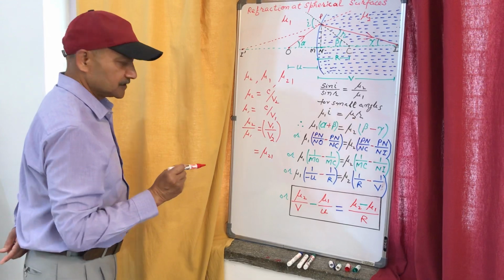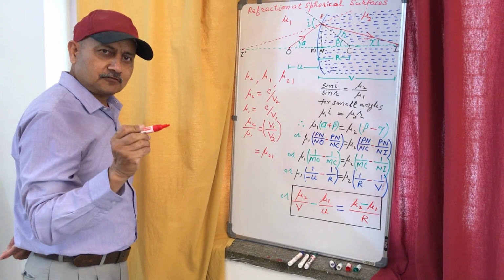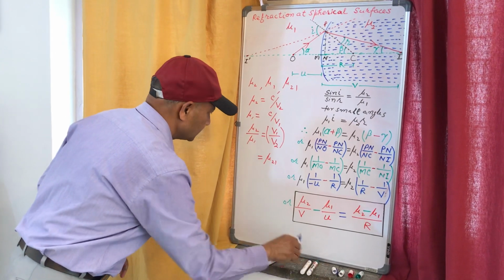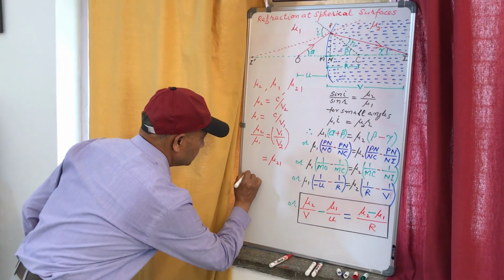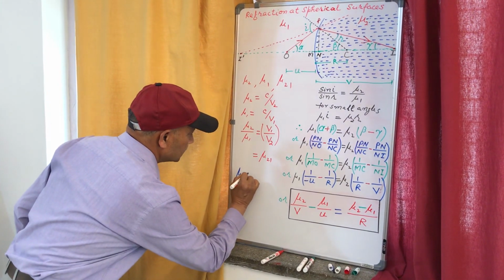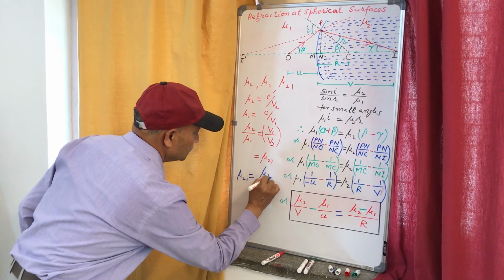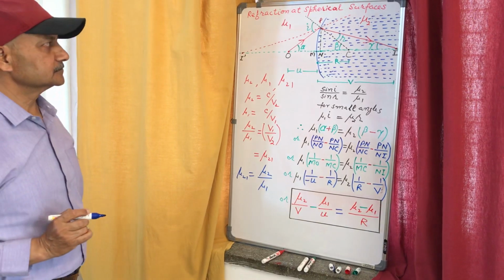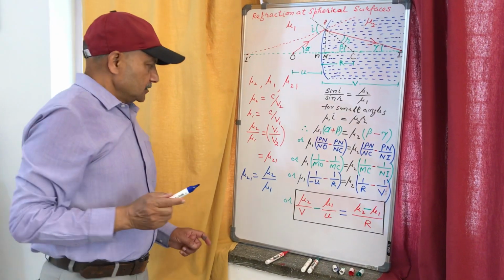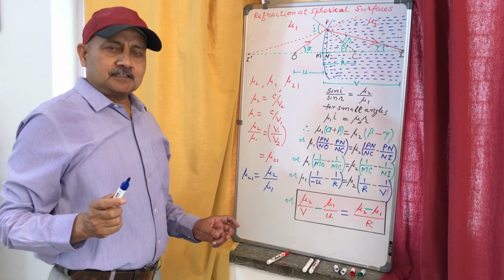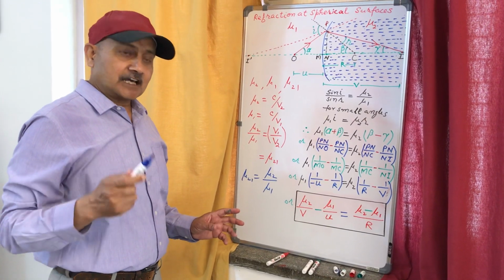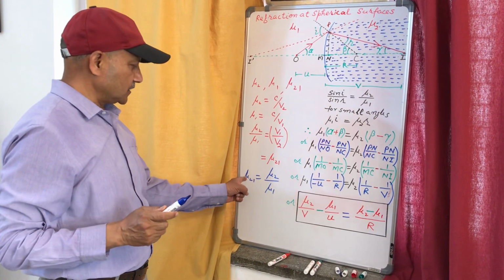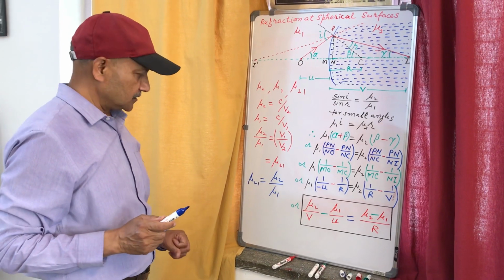This means we come to one more relation: mu21 is equal to mu2 upon mu1. So in the equations which we learnt in the last session, you have to add one more equation, that mu21 is equal to mu2 upon mu1.